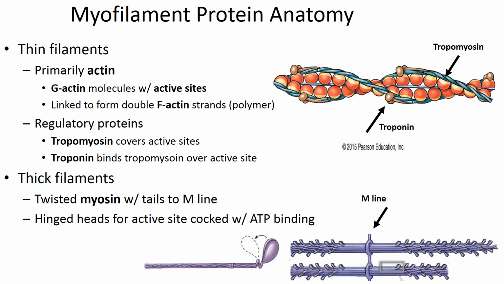The head contains some important parts of myosin. In particular, this is where actin binds. It's also where ATP binds, and the head contains ATPase enzymes. As you will see, ATP is required for the cross-bridge formation to occur.